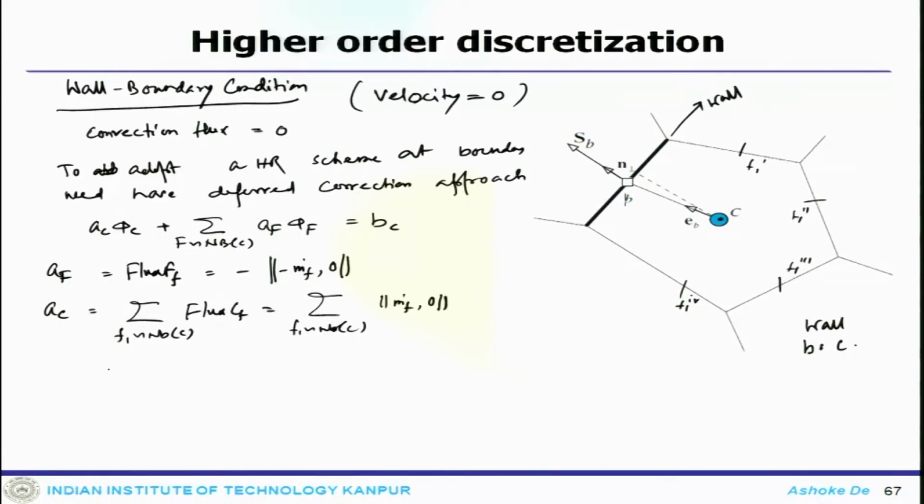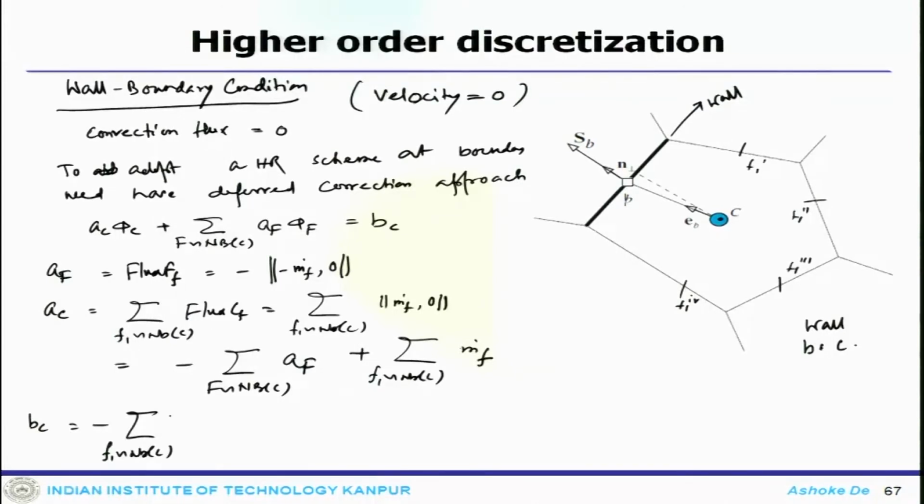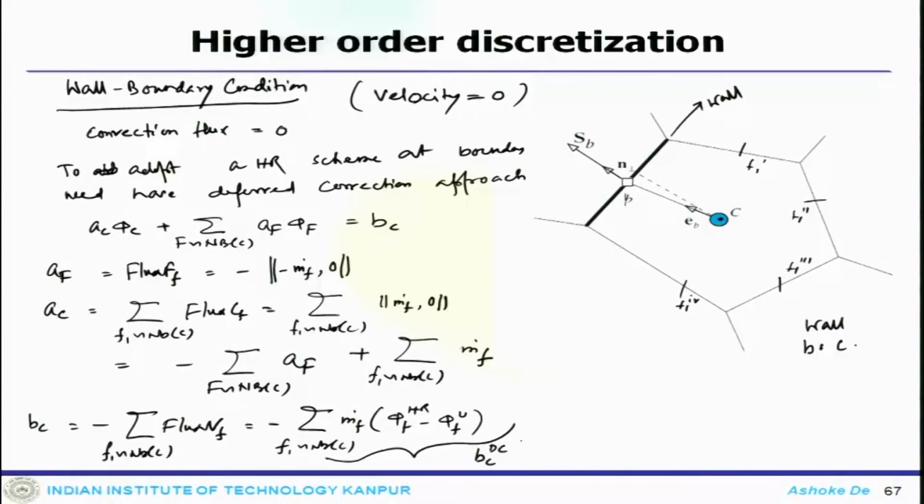So if you rearrange that, you get back the summation over neighboring cells with AF plus the sum over F1, the interior faces, of m dot F, and the right hand side term would be minus the sum over F1 of the term in m dot F times phi F HR minus phi F upwind, which is again the term that arises due to deferred corrections.